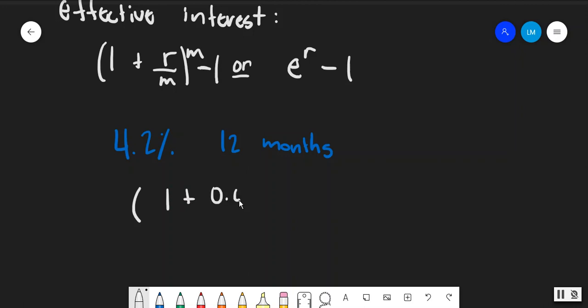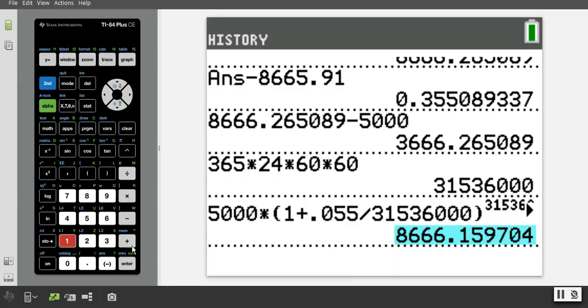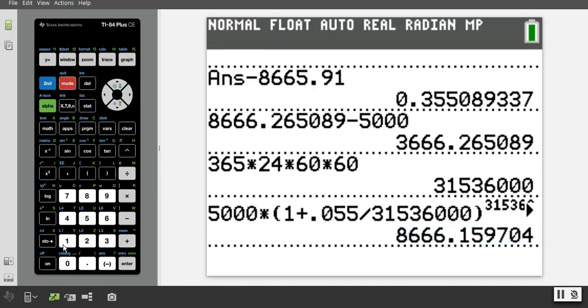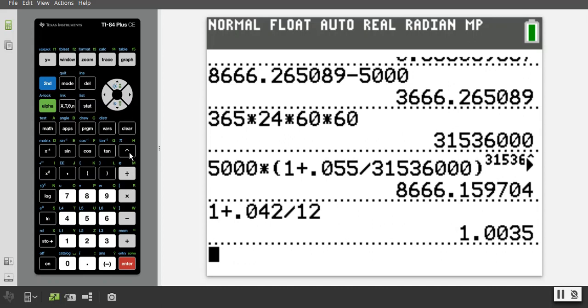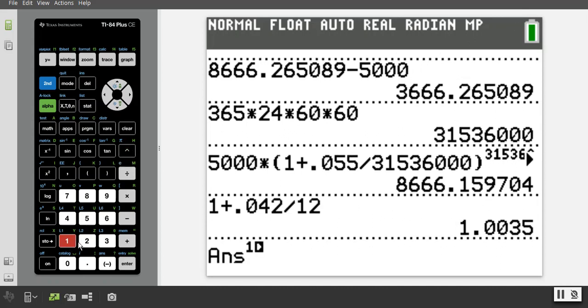So you take 1 plus 0.042 divided by 12, raise that to the 12, and then just subtract 1.